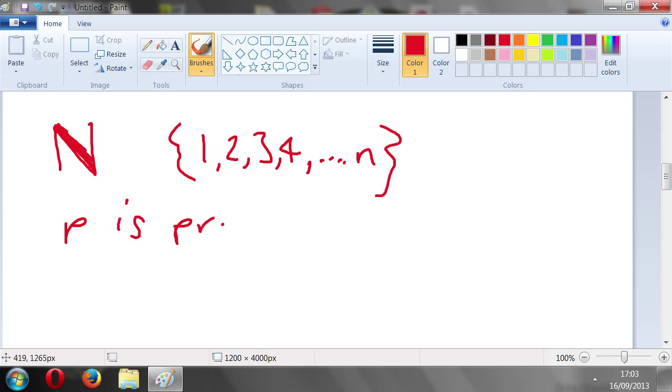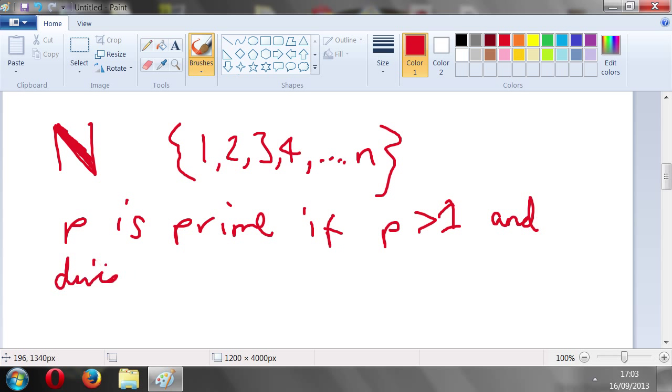P is prime if p is greater than 1 and divisible by only 1 and p.